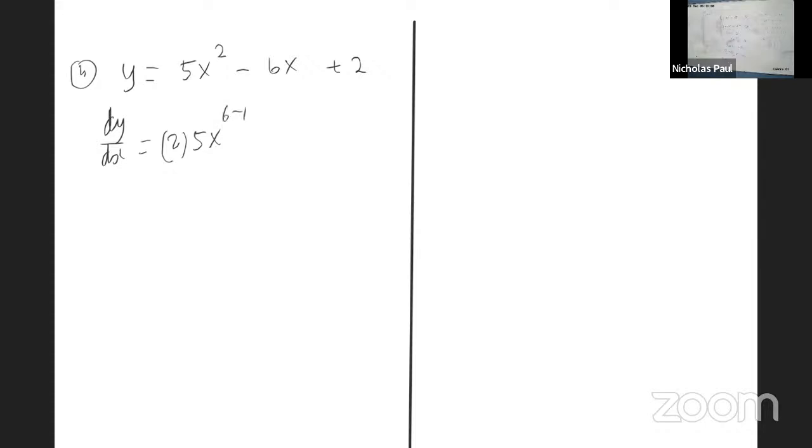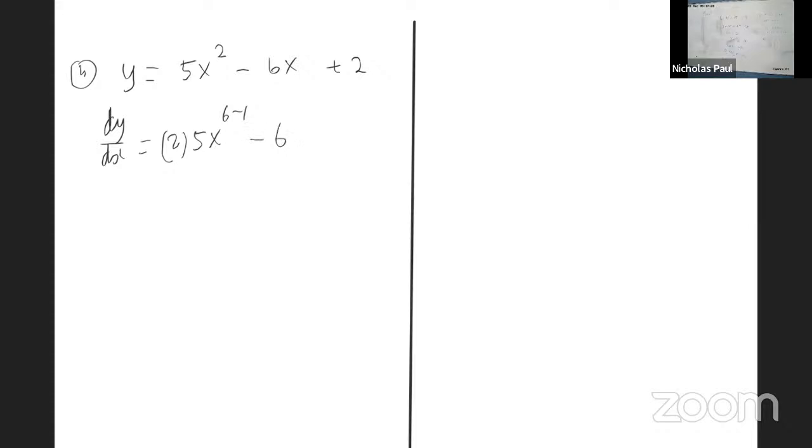What's the differential of 6x? Sorry, minus 6x. What do you do? Just write back this. What's the short way? Just take off the x.